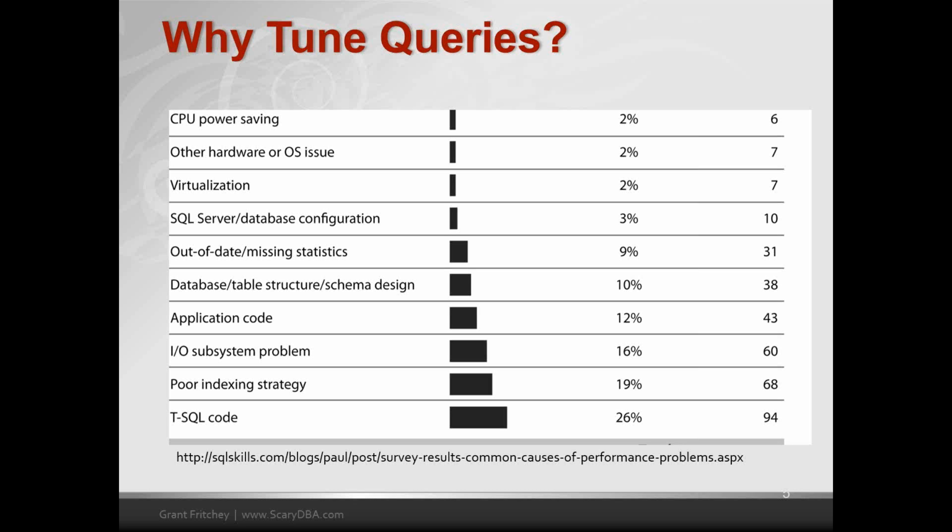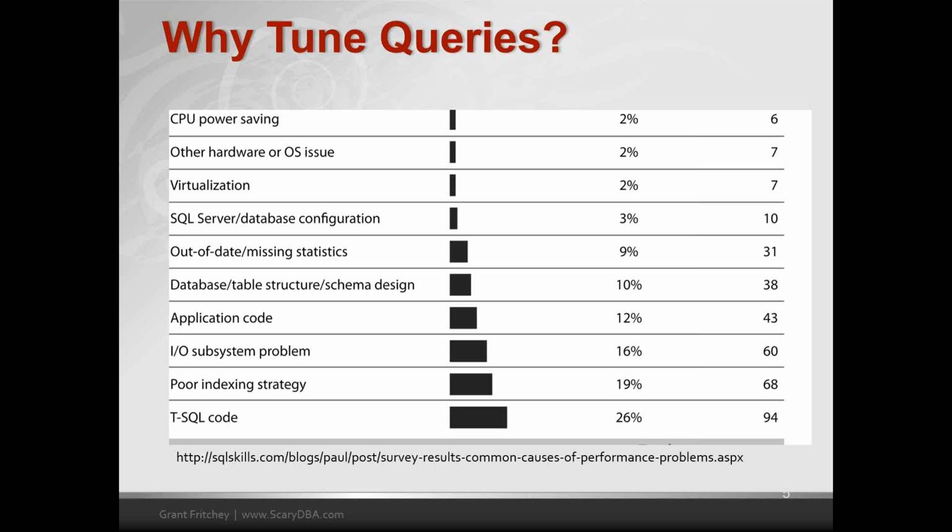Now, database table structure and schema design, that's your normalization, foreign key constraints, all that kind of stuff, absolutely related directly to your queries, query tuning, and all that fun stuff. We're now up to 55%. Old, out-of-date, missing statistics, again directly related back to query tuning, and so now we've gone from 55 to 64%.